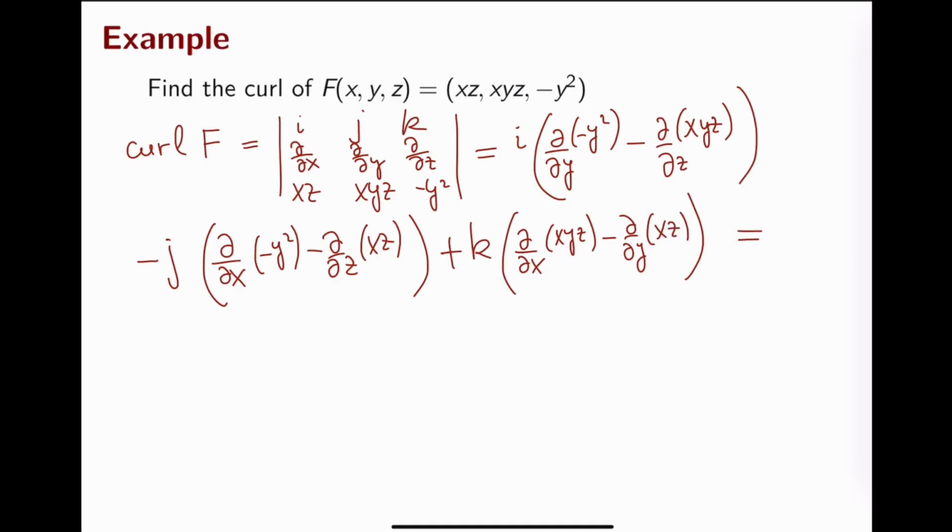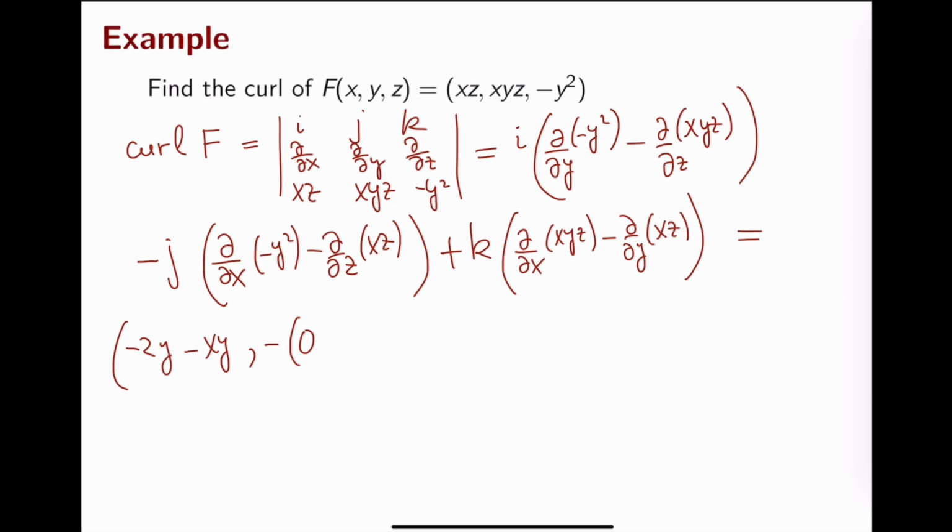Okay, and so now we just calculate these derivatives. The first component is going to be the derivative with respect to y of minus y squared. Well, this is just minus 2y. Minus the derivative with respect to z of xyz, which is just xy. Okay, that's the first component. The second component is the negative of this, right? Because of this minus here. So it's going to be minus, and let's calculate the subtraction. The derivative of minus y squared now with respect to x is 0, right?